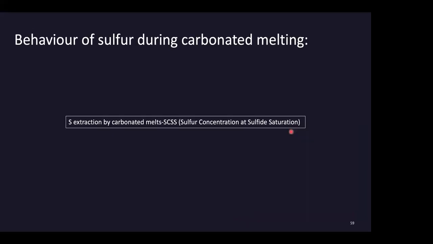So to look at the behavior of sulfur during carbonated melting, and also to look at how much sulfur can be extracted by these carbonated melts, we measure sulfur concentration at sulfide saturation of carbonatites and carbonated silicate melts.